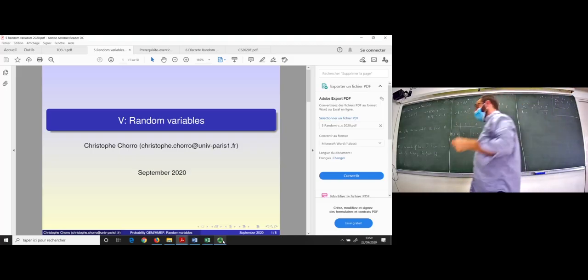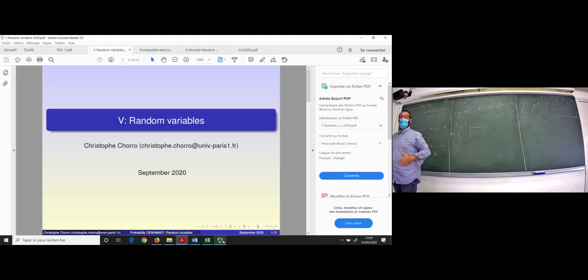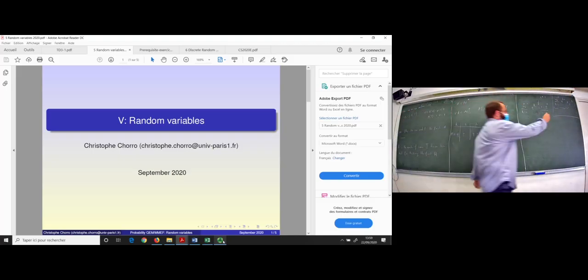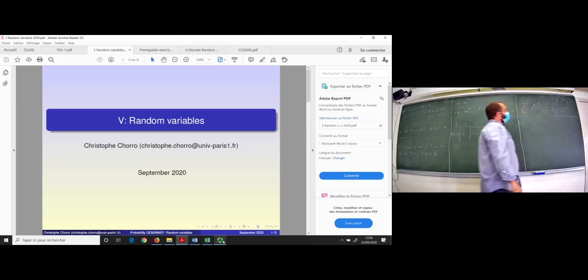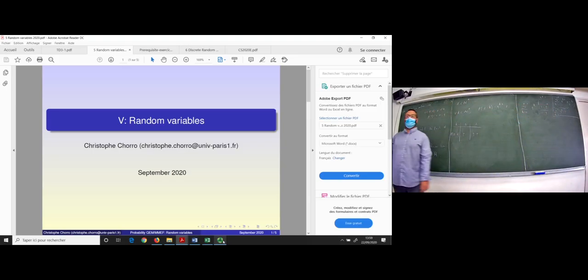If I do this, I will obtain a sum from k equal to 0 to plus infinity. So this sum may be written exactly in the same way, from 0 to plus infinity, q to the power of k, p. It's the same thing, changing the index, exactly as I have done in exercise 25.